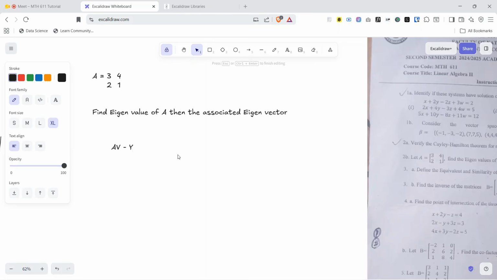When you see this Y, please know that it is lambda. So our V here is the same thing as V1, V2, as in by V1, V2, I mean this.